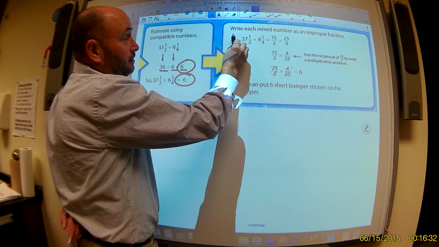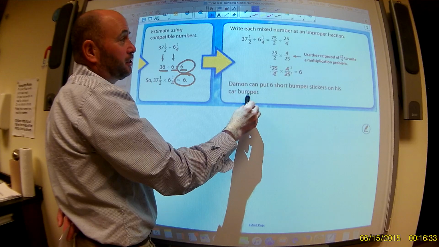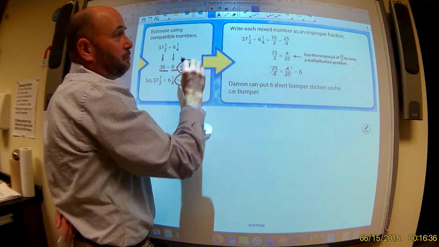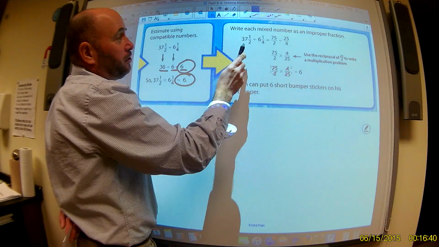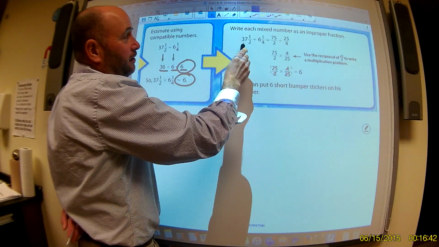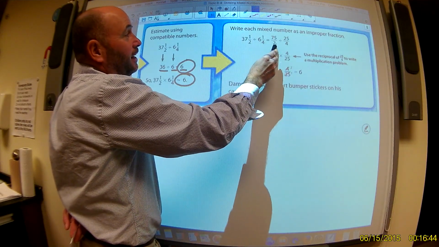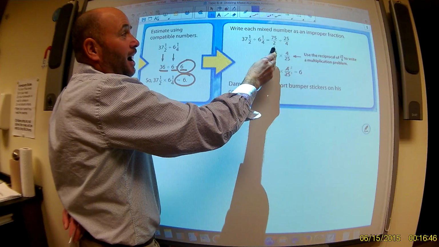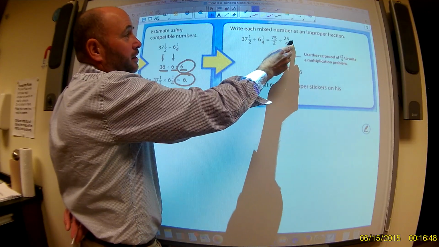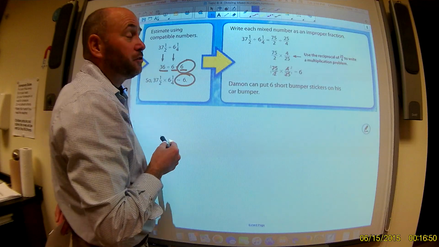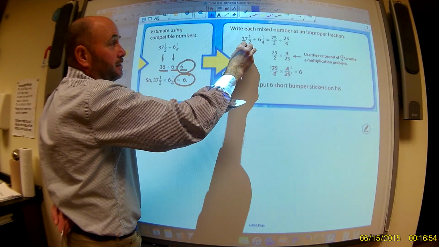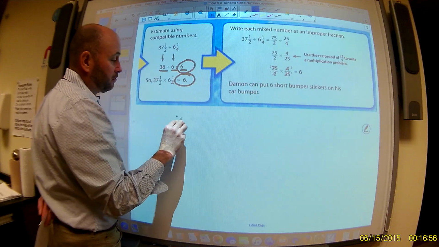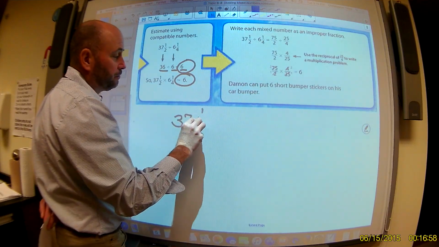Then they show us how the problem is actually solved, and they say write each mixed number as an improper fraction. So we take 37.5 and rewrite it as 75 halves, and 6 1/4 rewritten as 25 fourths. You may not remember how to convert mixed numbers to improper fractions, so a little bit of review.